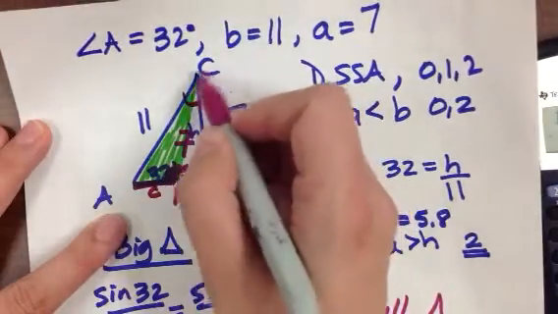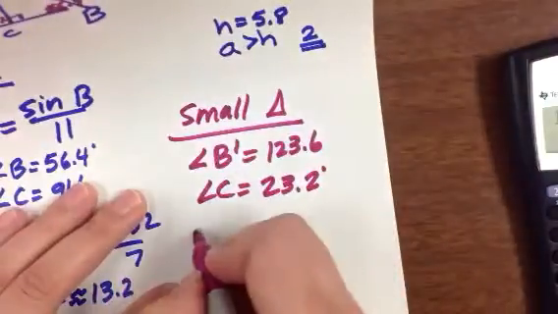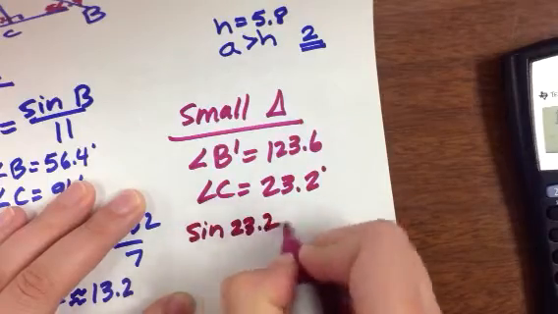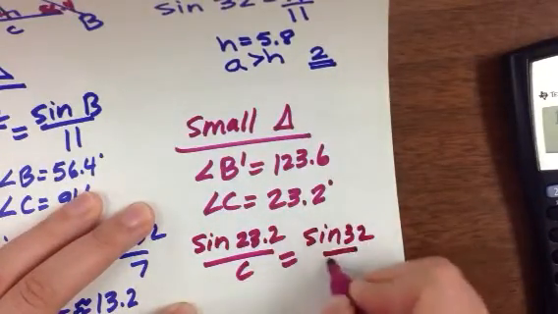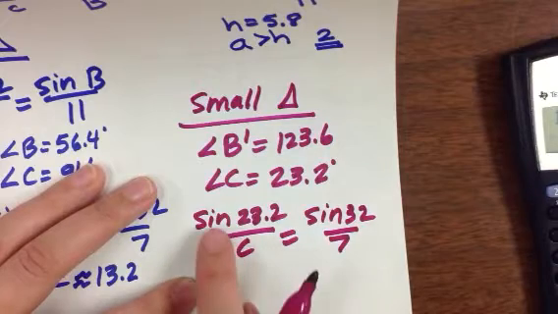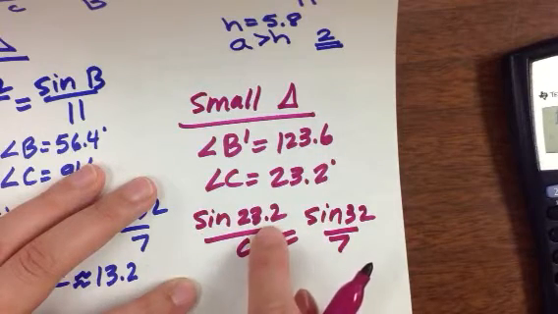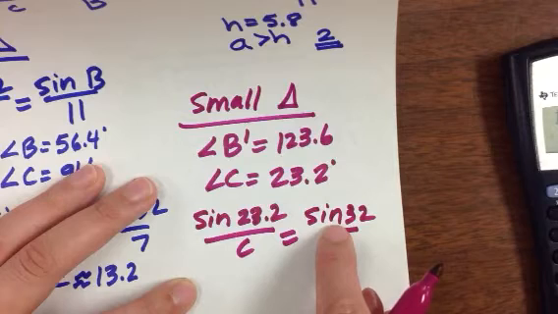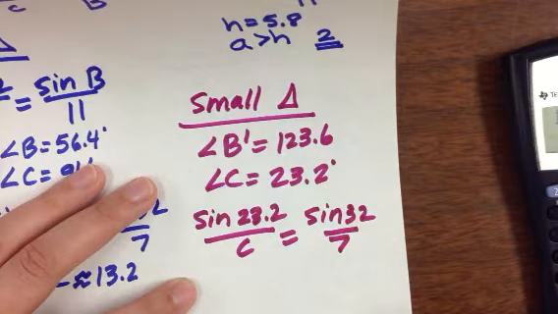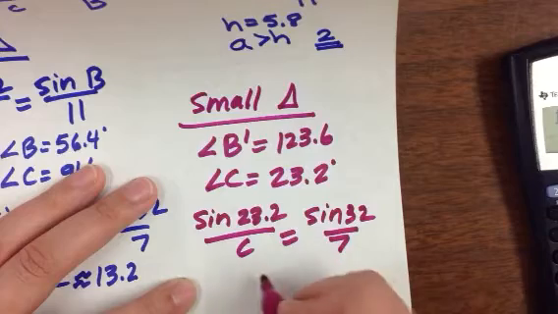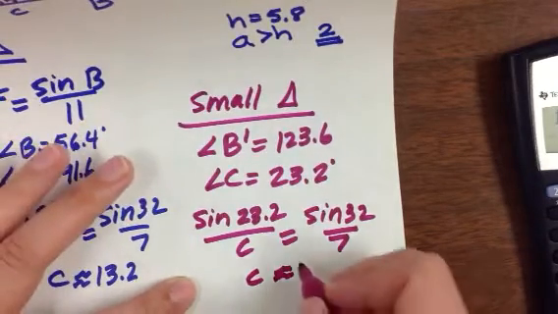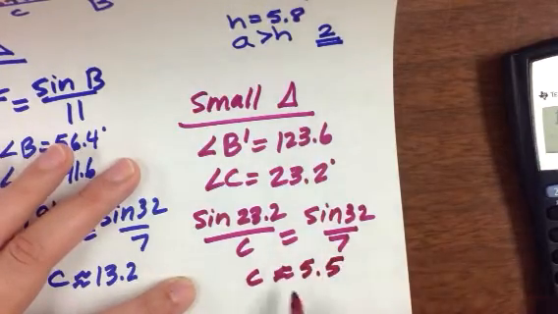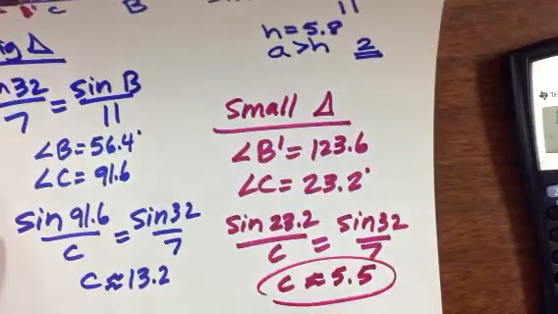So we do sine of this angle C, which we just found, sine of 23.2 over c, and I use the ratio I already know, sine of 32 over 7. I solve this: I take 7 times sine of 23.2, divide by sine of 32, and I should get c. And c should be approximately 5.5. Perfect. So I've just solved for a big triangle and a small triangle.